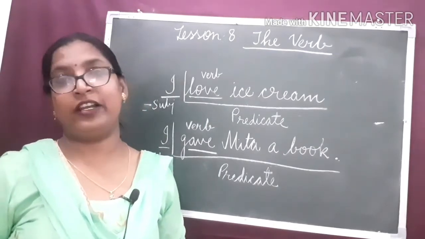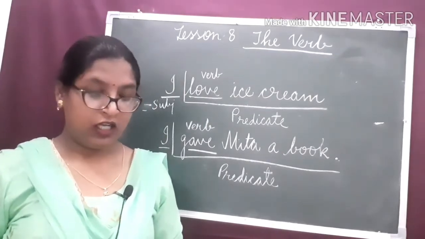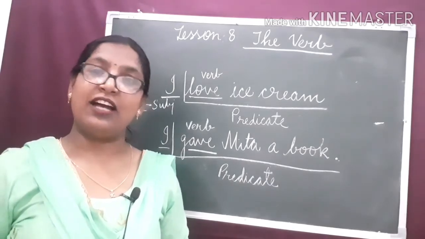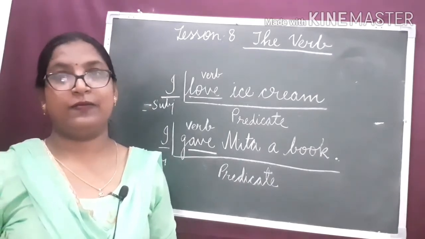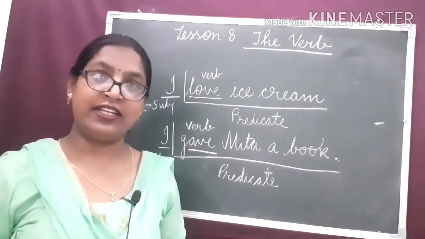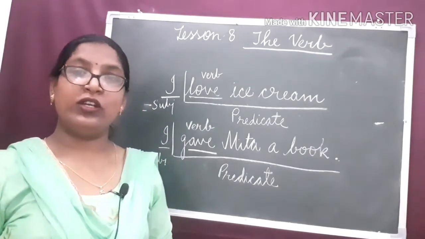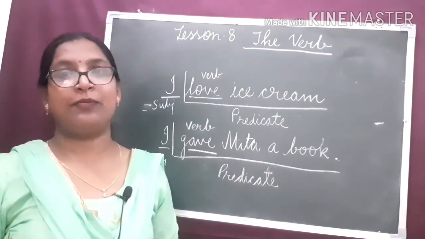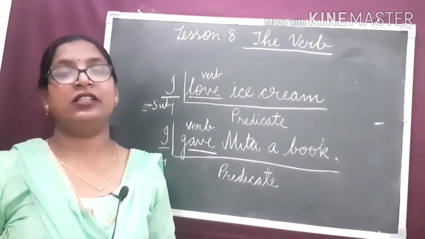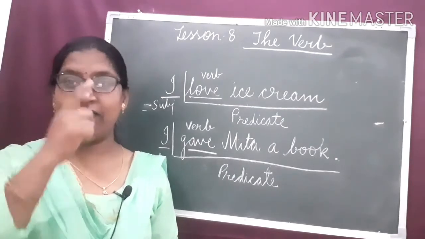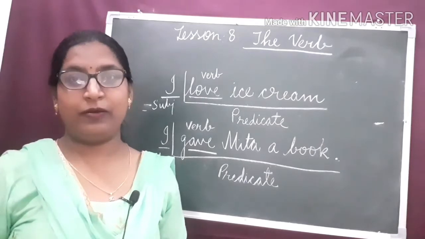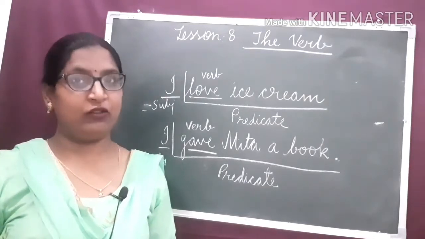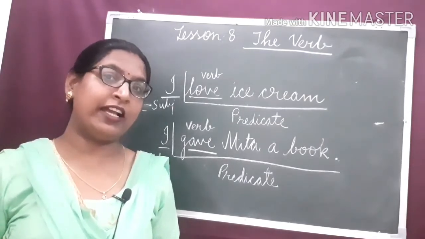What is a finite verb? A verb which is having a particular tense. The verb which is having a tense and which is agreeing with its subject in person and number, having subject and verb agreement, and it indicates a particular tense, is called a finite verb.